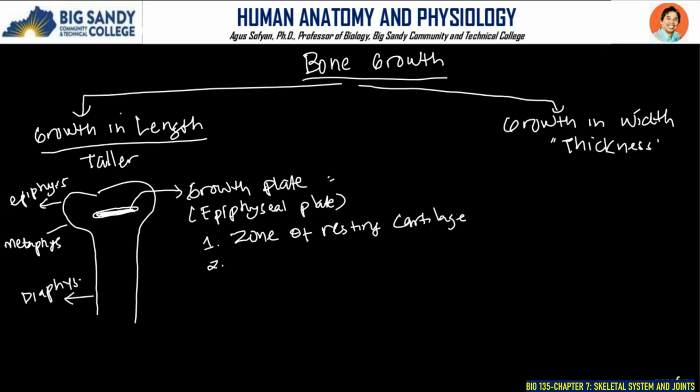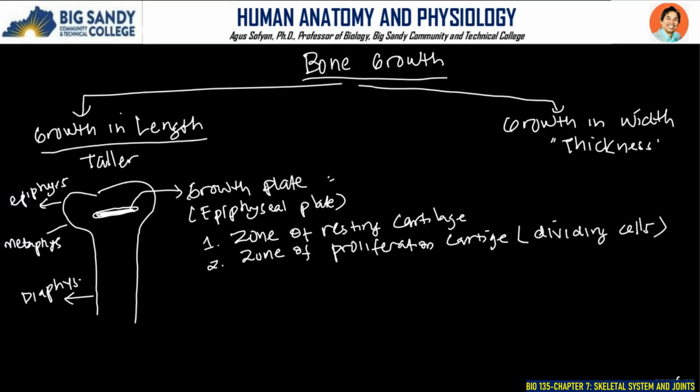And then the next one is called the zone of proliferation cartilage. Okay, so this consists of cell that dividing.